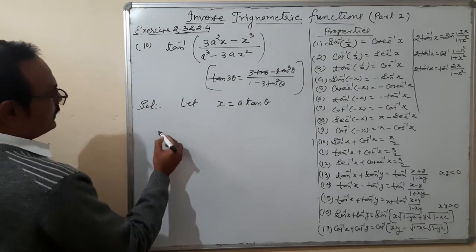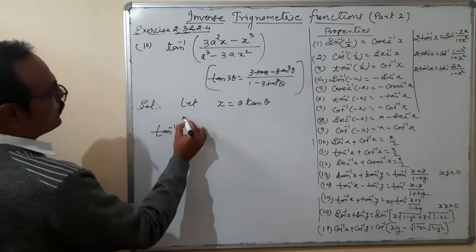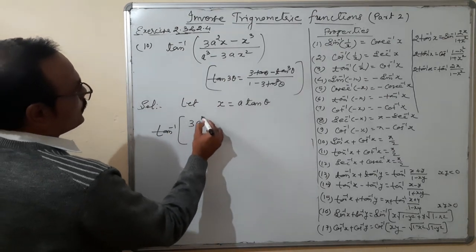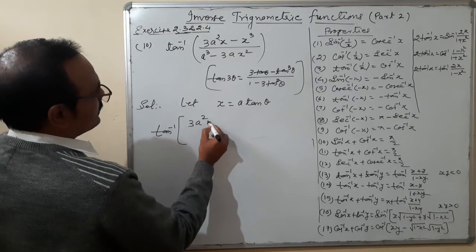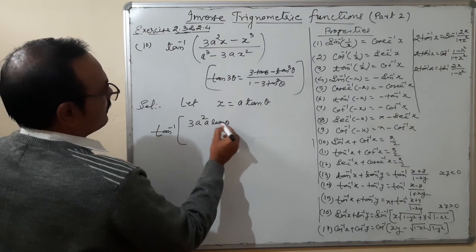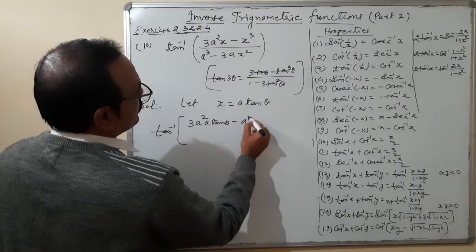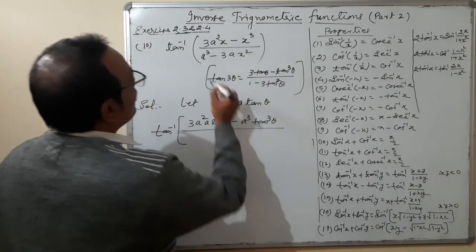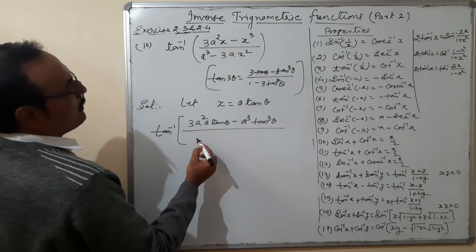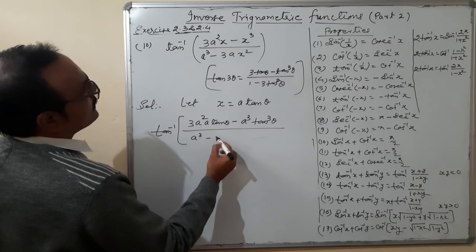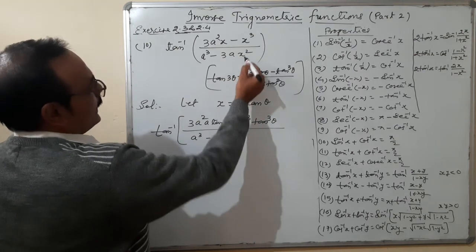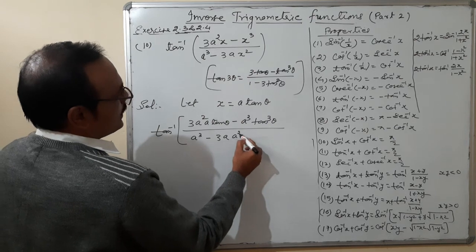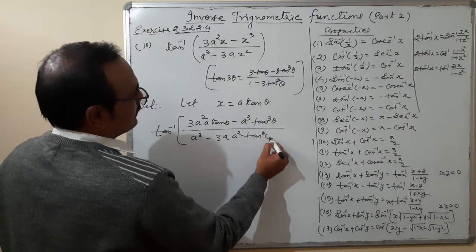Now it is reduced to the form tan inverse (3a square into a tan theta minus a cube tan cube theta) upon (a cube minus 3a x square, that is a square tan square theta).